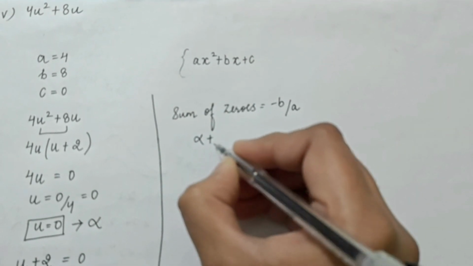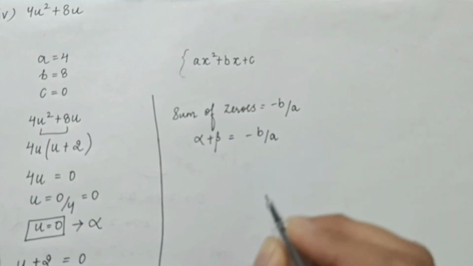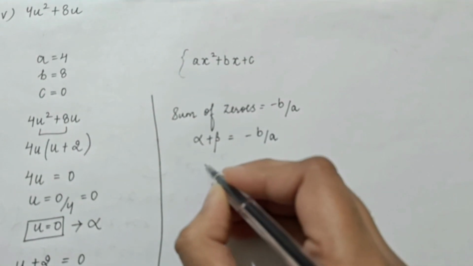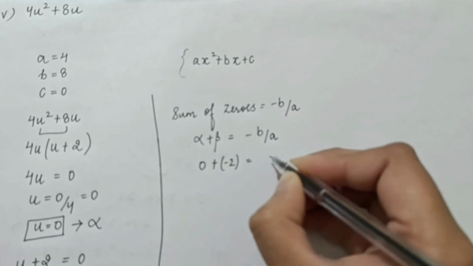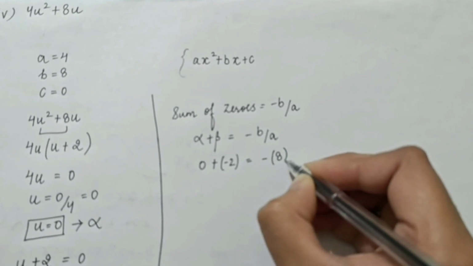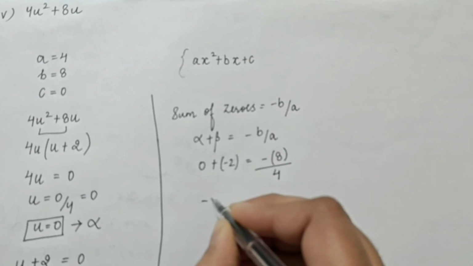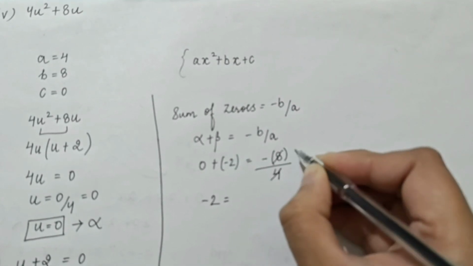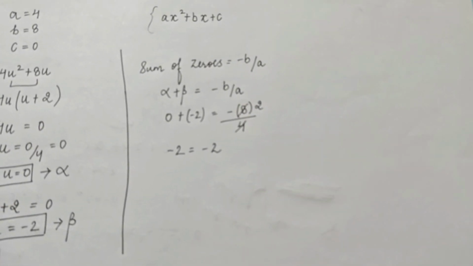Okay, alpha plus beta is equal to minus b by a. What is alpha? 0. What is beta? Minus 2. What is b? That is 8. What is a? That is 4. If you solve this, we get minus 2. And here we also get minus 2. Okay. LHS is equal to RHS, which means we verified the sum of the zeros and the coefficients.